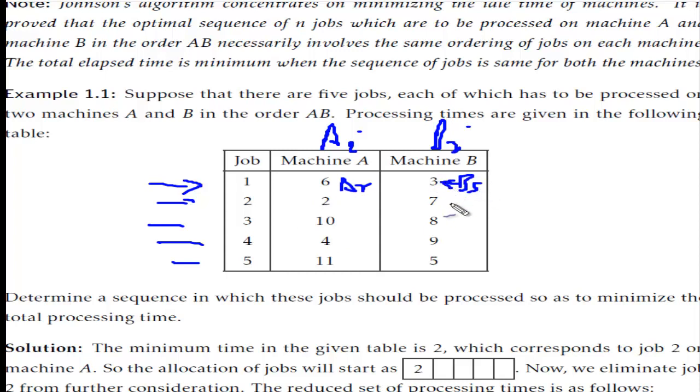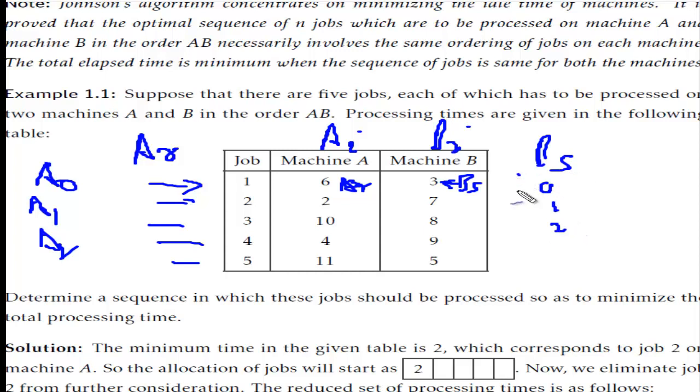I increment s as 0, 1, 2, 3, 4, and so on, and I increment r. This is A subscript r, that means A of 0, A of 1, A of 2. So r goes 0, 1, 2. Same with B of s, and s goes 0, 1, 2, and so on. So this is B of 0, this is B of 1, this is B of 2, this is B of 3, and so on.